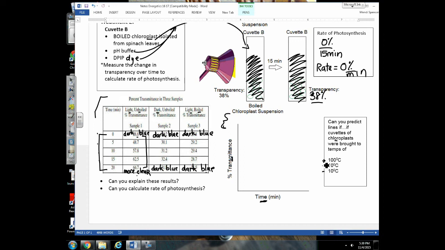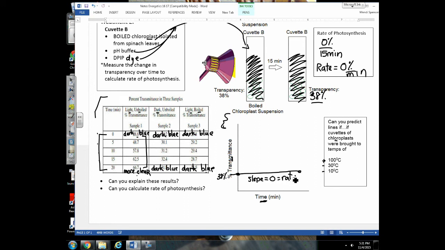So our transmittance is going to start out blue. So let's start it up here. Let's think of this as about that 38% that we used in the example. And if photosynthesis isn't occurring, then we're not going to have a change in transmittance. So slope equals 0. So rate equals 0 as well.